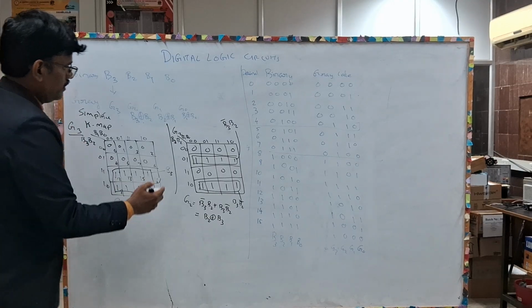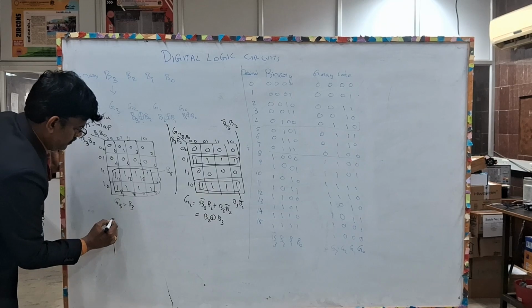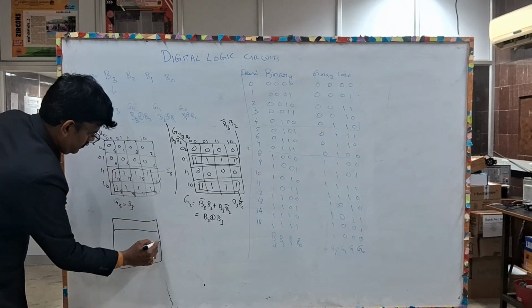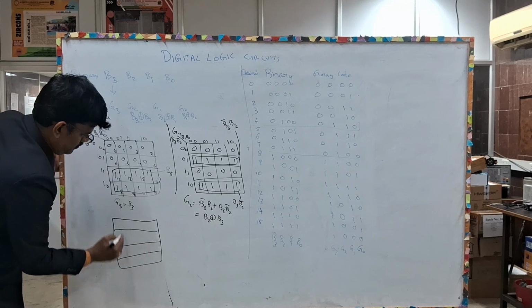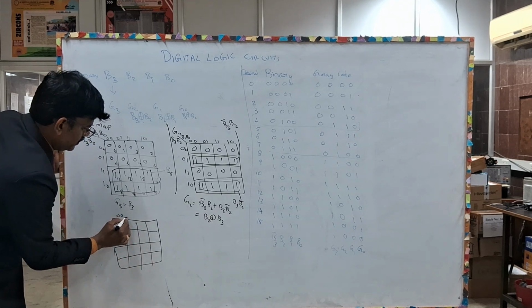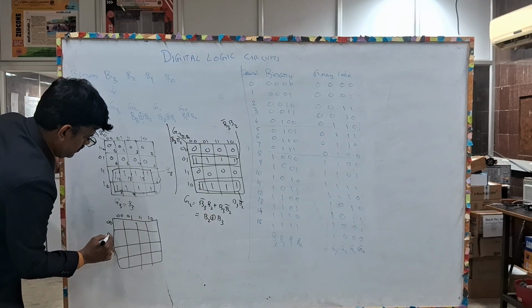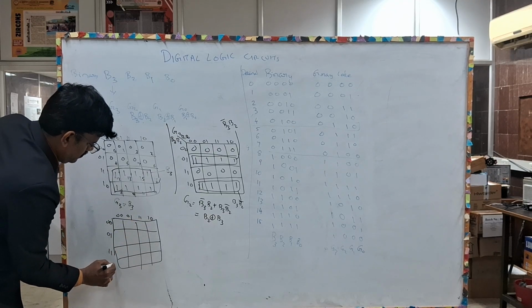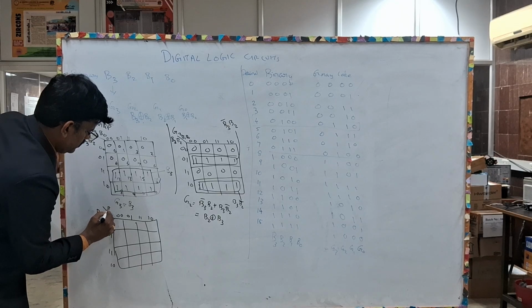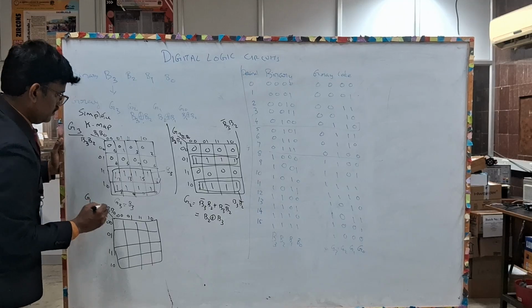Similarly, we can go for G1. K-map simplification for the next bit, that is G1.